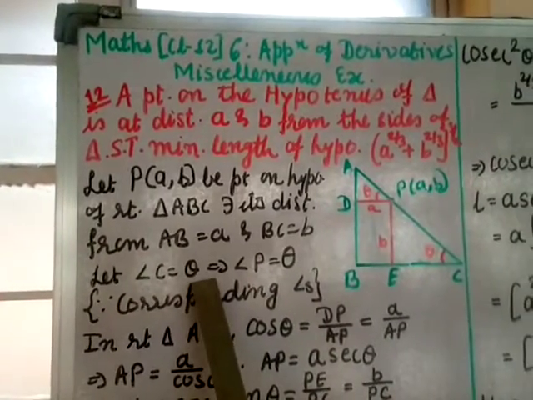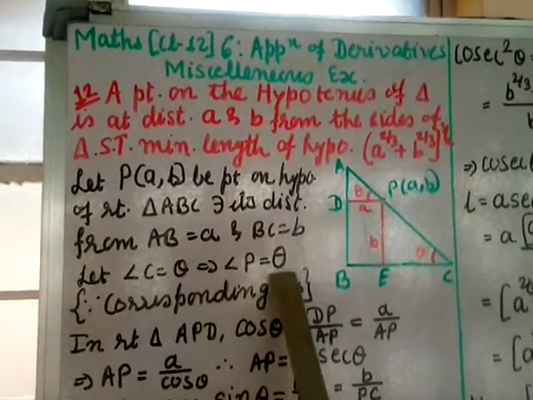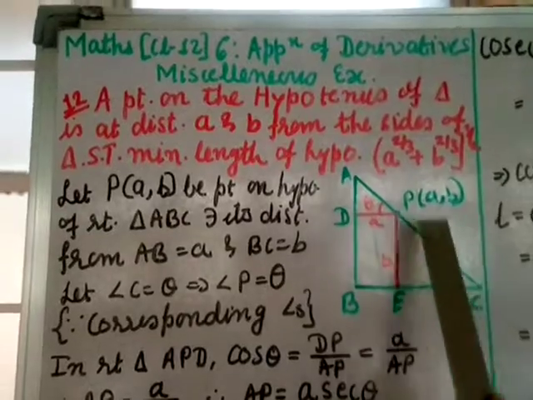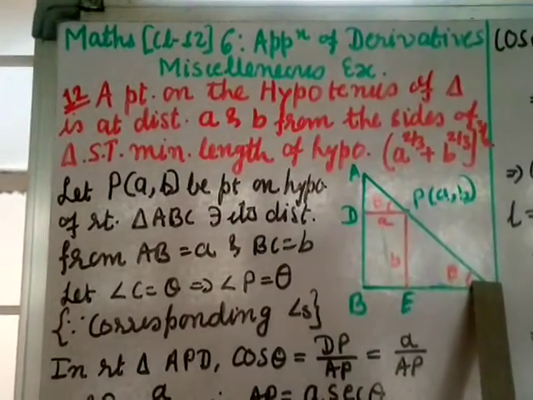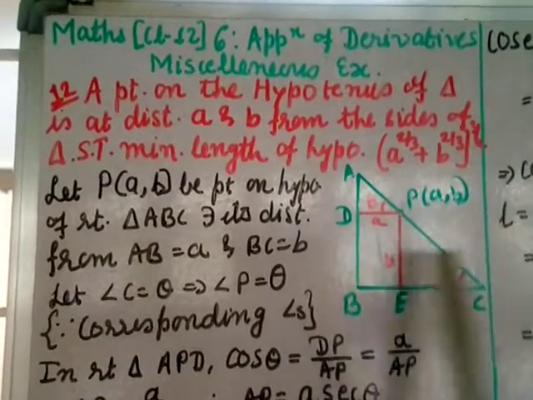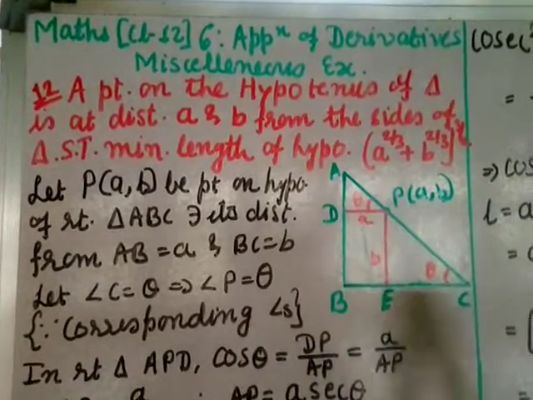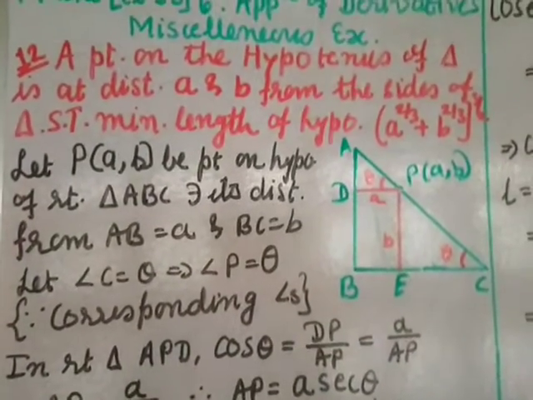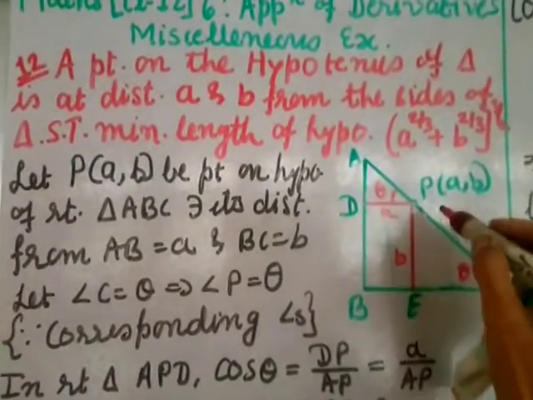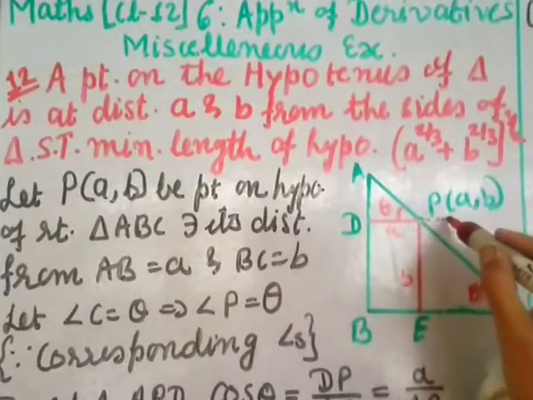Let angle C be equal to theta. This implies angle P is equal to theta. I am taking this angle C, that is BCP, as theta. Then you can say these are parallel. If I extend these, they will become parallel lines. Suppose I extend here like this.